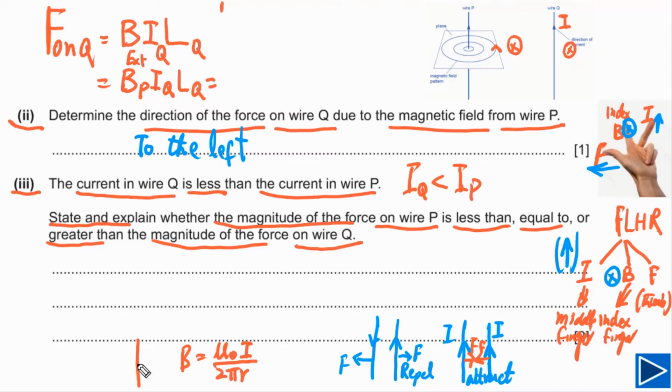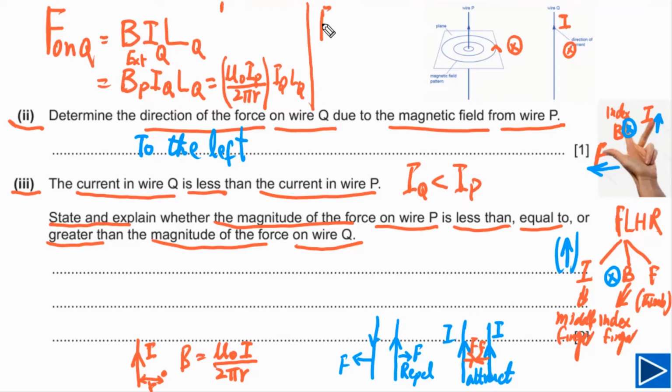For example, if this is a wire, let's say the current in this wire is I, and we want to find the magnetic field at this point, we can use mu naught I over 2 pi r. r is the distance between the wire and that point. So BP we can replace with mu naught IP divided by 2 pi r, and this is multiplied with IQ times LQ. So this is how we can find the magnitude of force on wire Q.